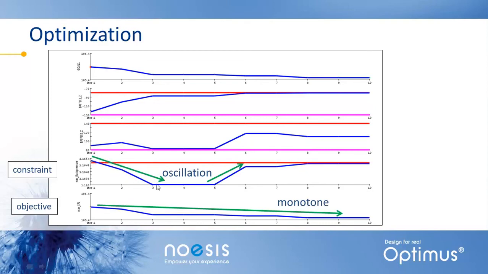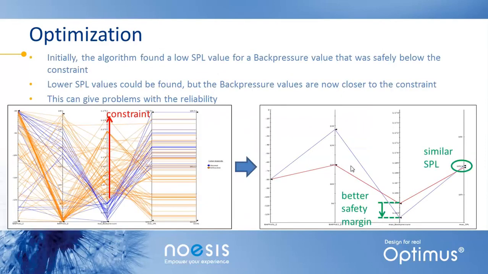We find a region with low back pressures, but then if we find lower values for the SPL, the back pressure will go up again until it reaches the constraint at the end. So this will be a boundary optimum, and that can give problems with the reliability.